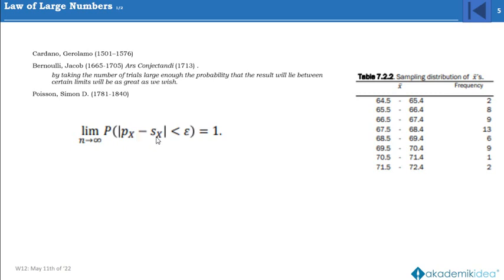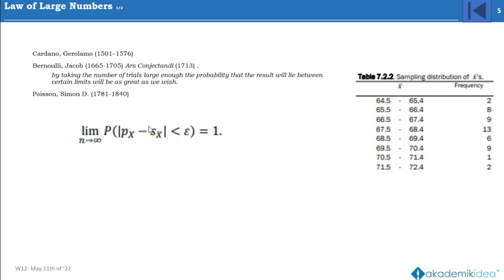We use the sample statistic Sx for the estimation of parameter Px. So this deviation of the sample statistic from the actual value of the parameter is called the estimation error.